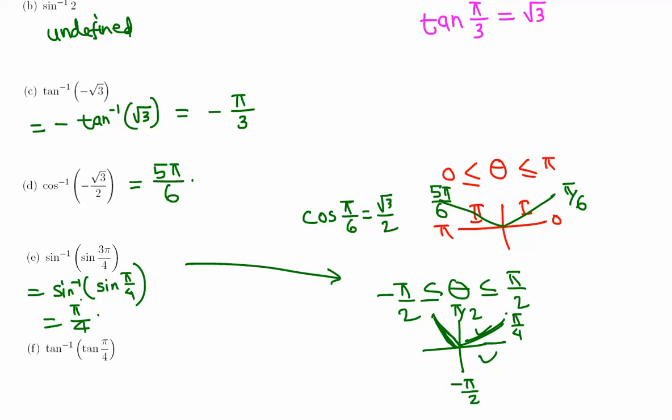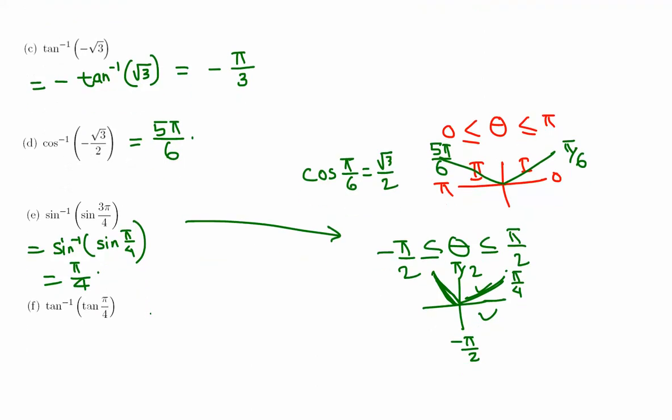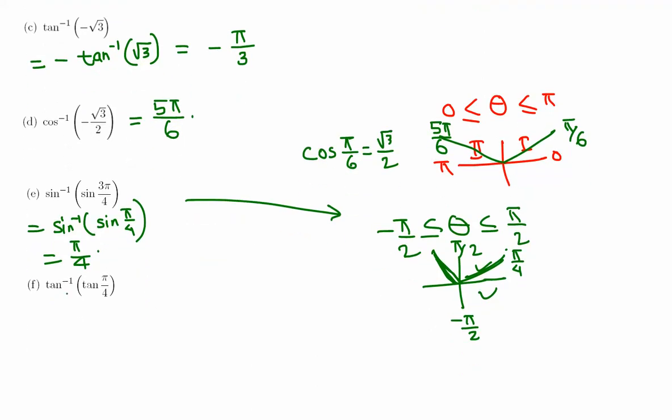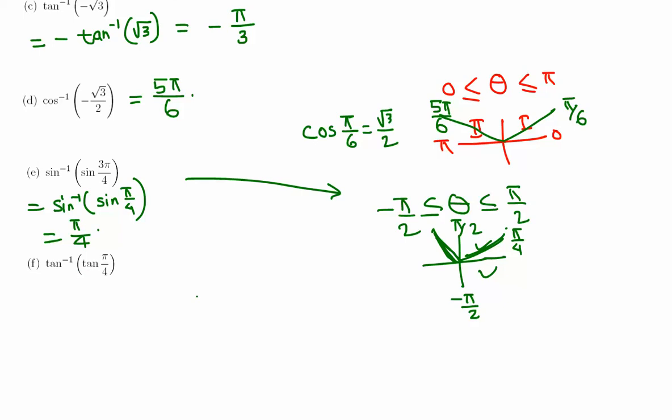This works because the range of sine inverse is negative pi over 2 to pi over 2. Same thing for tangent inverse: the final answer should be in negative pi over 2 to pi over 2, and pi over 4 is half of pi over 2, so this is lucky, we just cancel tangent inverse tangent, giving pi over 4.